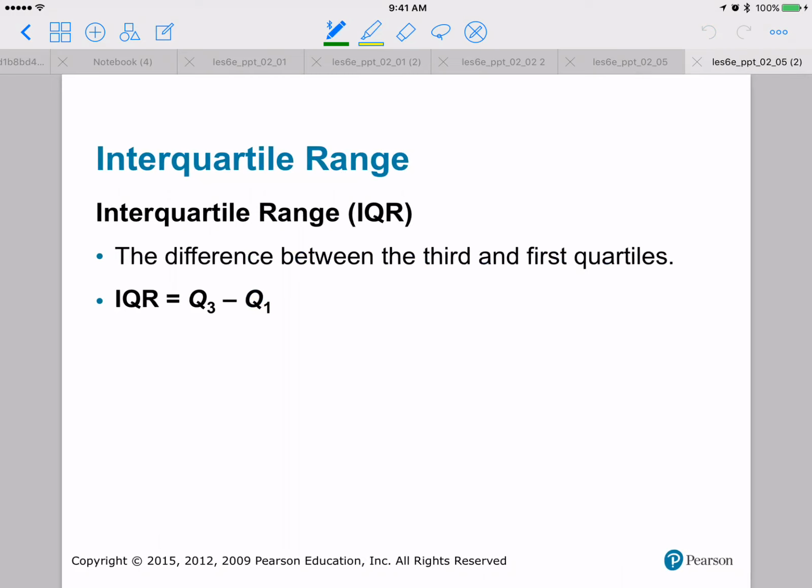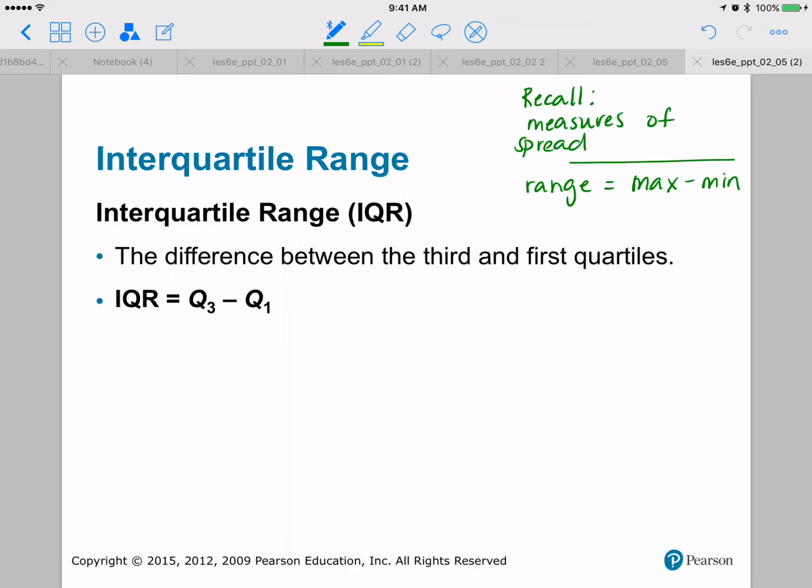Remember how we gave our measures of spread? Recall: measures of spread. Our first measure was range, and range is equal to max minus min. This was our first formula. Now we're going to add a new formula, the interquartile range, abbreviated IQR.